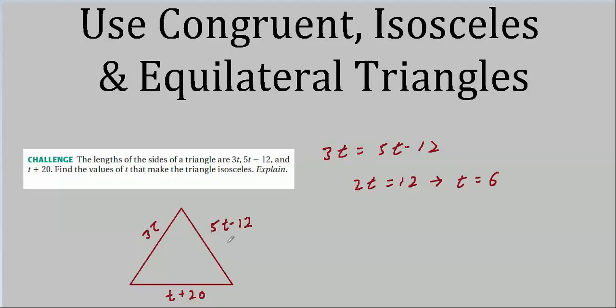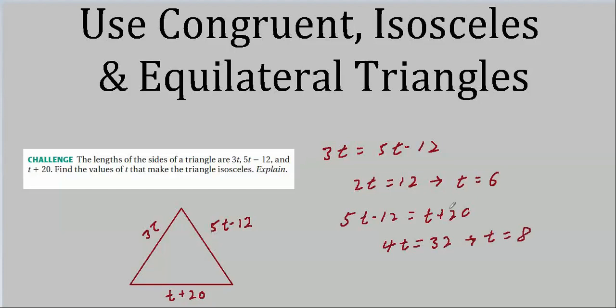Suppose we set these two equal. What do we get? 5t minus 12 equals t plus 20. Add 12 to each side and subtract t, and we get 4t equals 32, or t equals 8. Okay, that one worked.